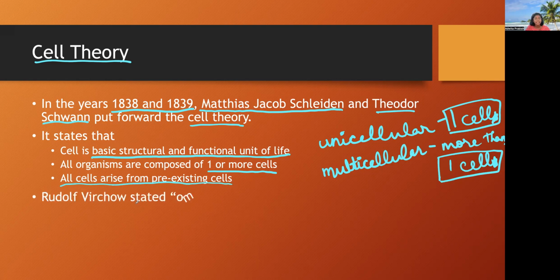This postulate arrived from what Rudolf Virchow stated, that is, in Latin, omnis cellula e cellula. This means that all new cells are born or are divided from the pre-existing or old cells.